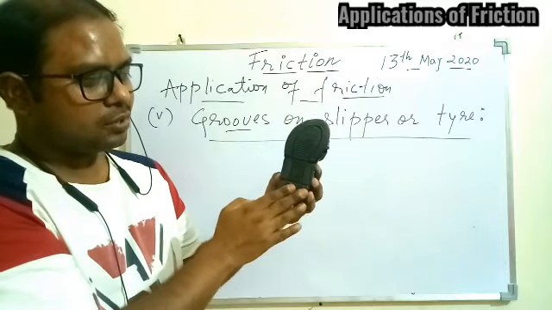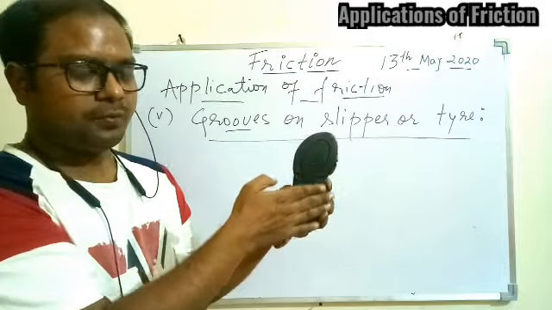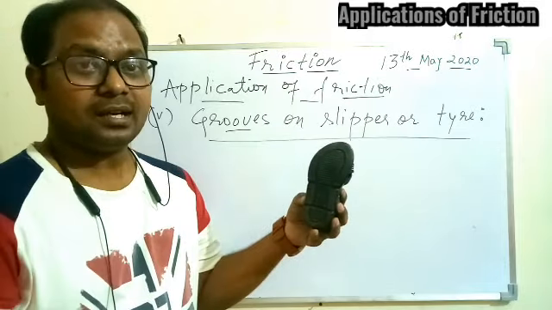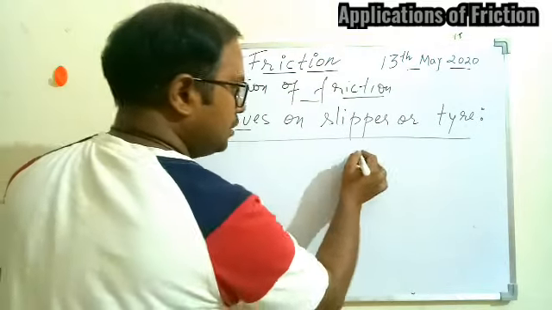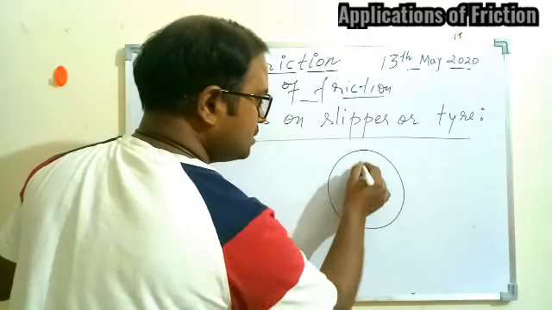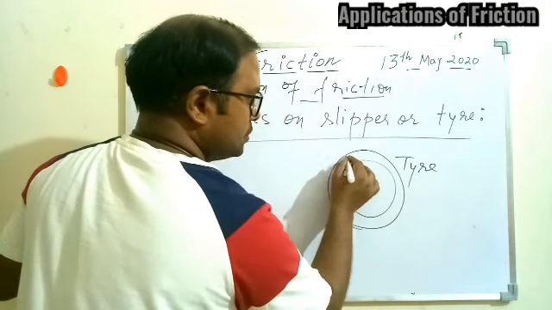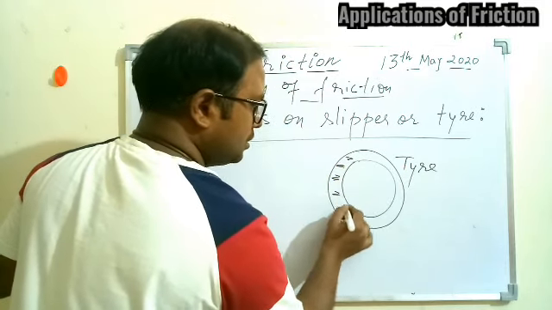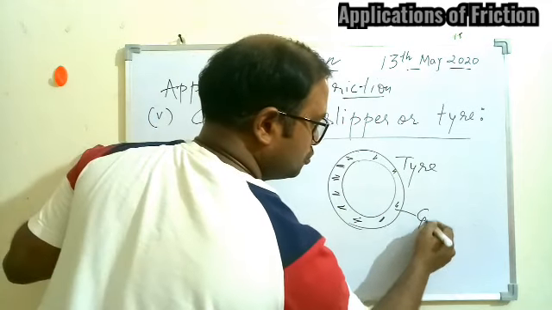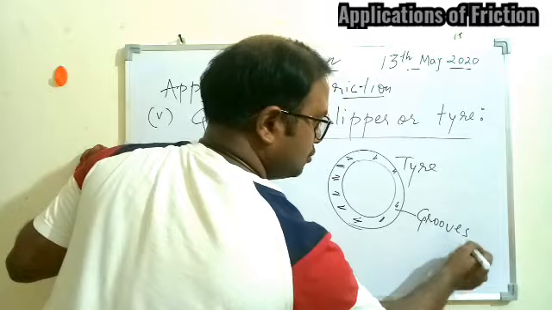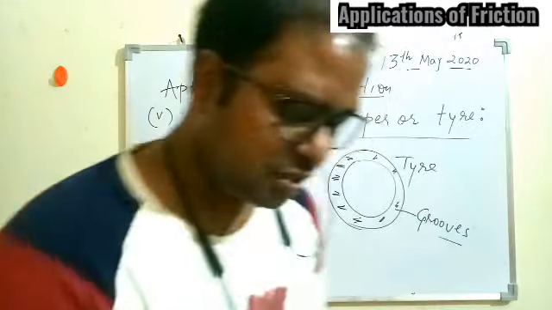So this is nothing but the grooves. The irregularity that you see on this surface is groove, and the same thing you see on the tires of the wheels. So even in the wheels, if you see the tires that we are having, on the tire, if you see there are some pattern made on it, and this pattern are nothing but the grooves. So these grooves are just helping in the friction.